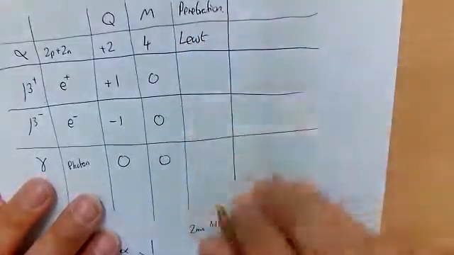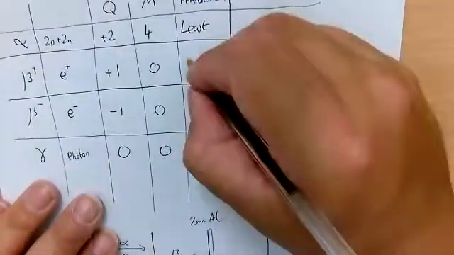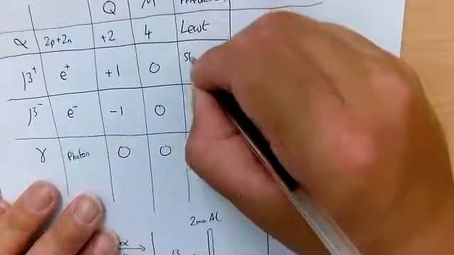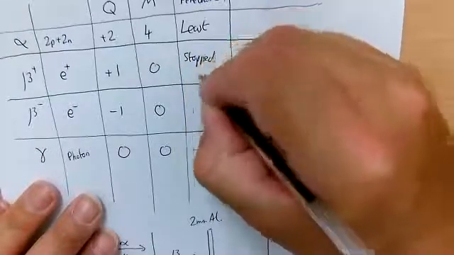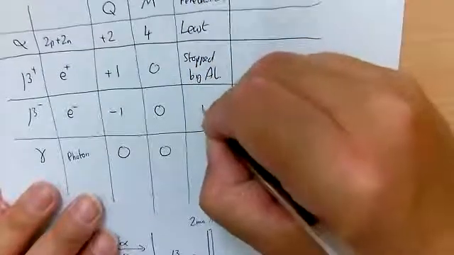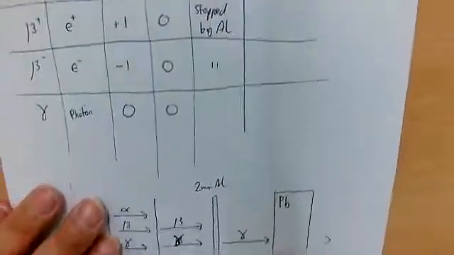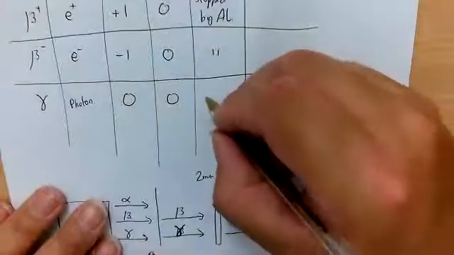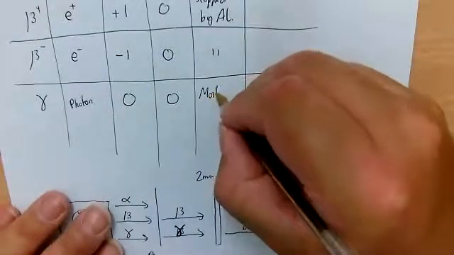Alpha particles are the least penetrating. Beta particles are stopped by a thin sheet of aluminium or something similar to that. Okay, same as above for beta minus. But gamma rays are the most penetrating.